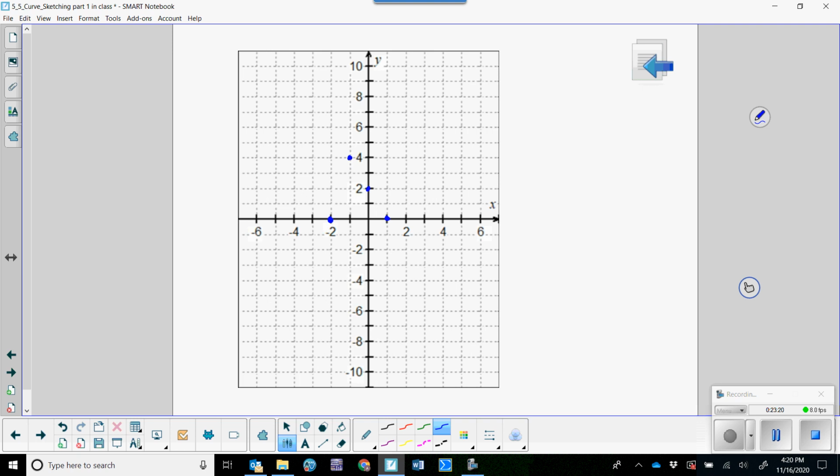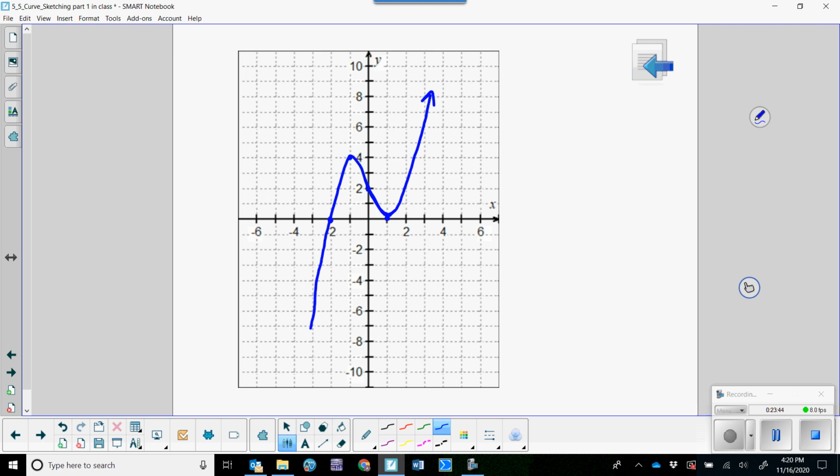So that means it's increasing here and concave down. And then it switches to decreasing, but it's still concave down until I get right there to 0. And then it changes to concave up from 0 to infinity, decreasing until we get to 1, and then increasing past that.